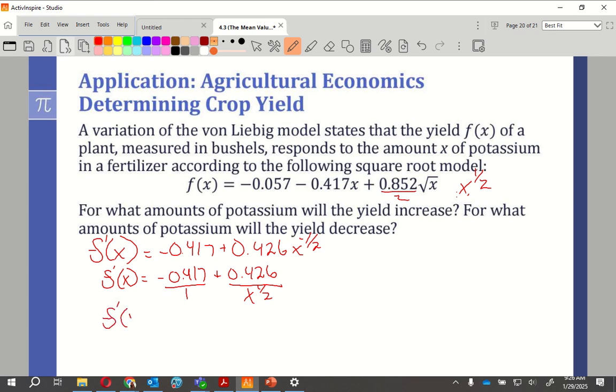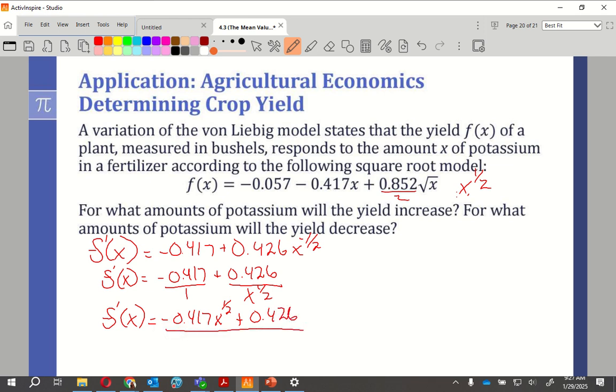F prime of x equals negative 0.417 x to the 1/2 plus 0.426.